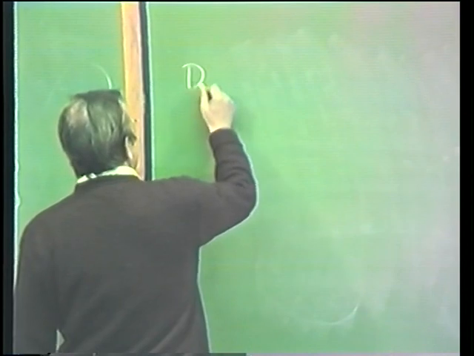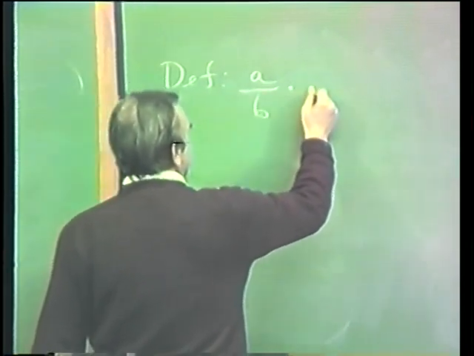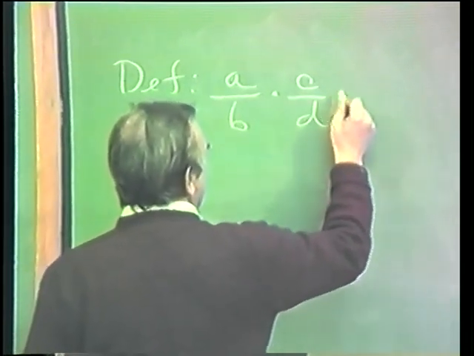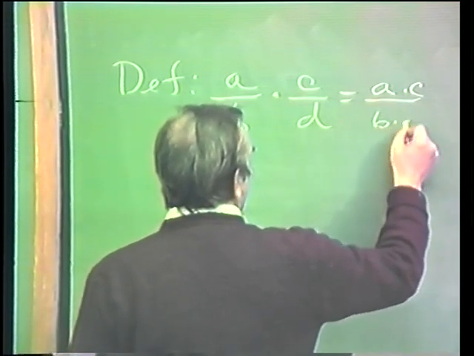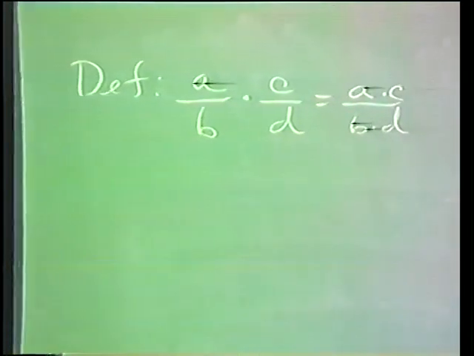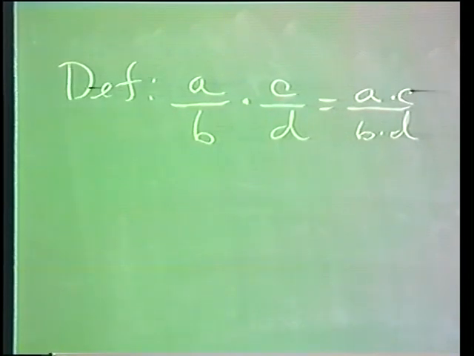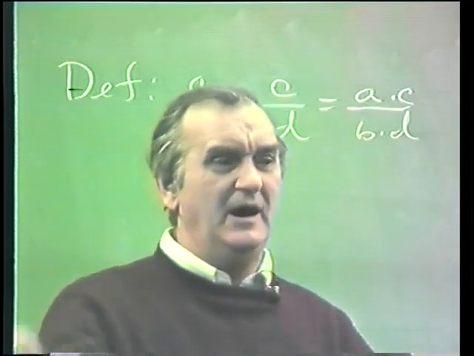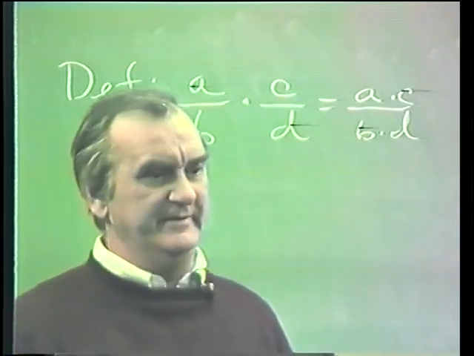I'd like to give you a little definition. A over B times C over D is equal to A times C over B times D. What we're saying is that any time you multiply two fractions, all you do is multiply the numerators and multiply the denominators.